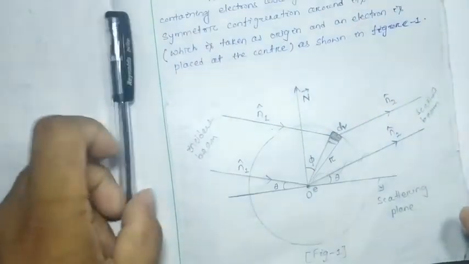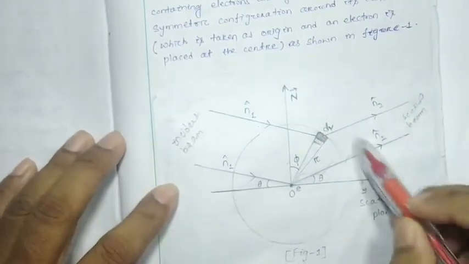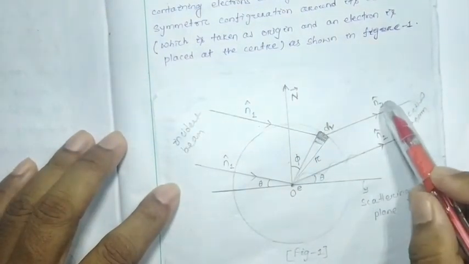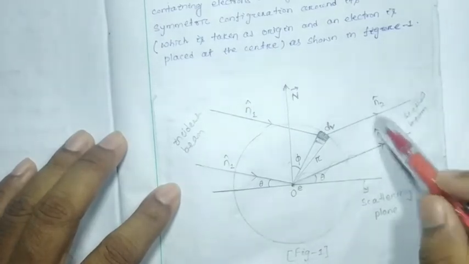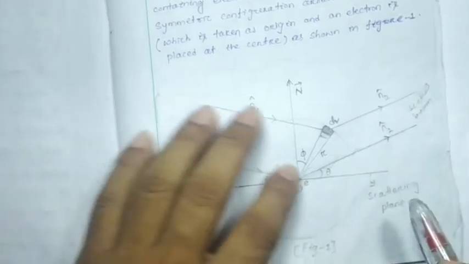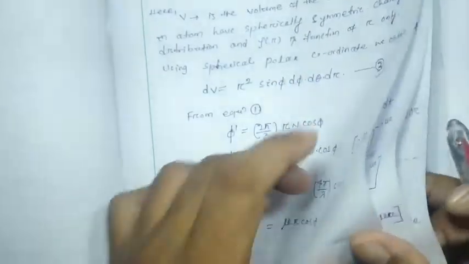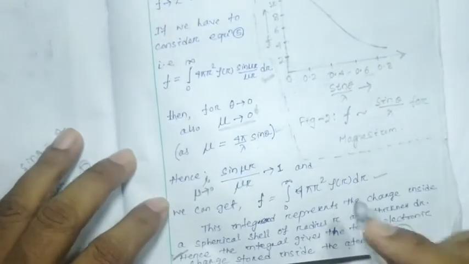Finally we found that the maximum amplitude after constructive interference between two diffracted or scattered beams will be the atomic number.